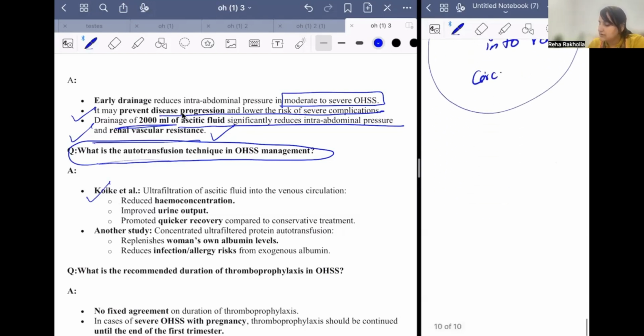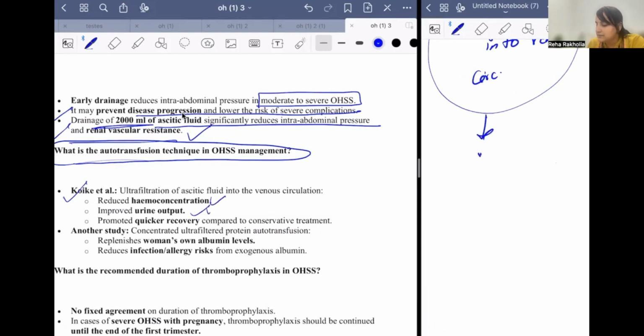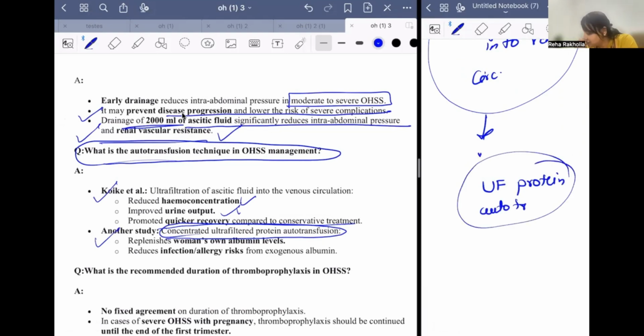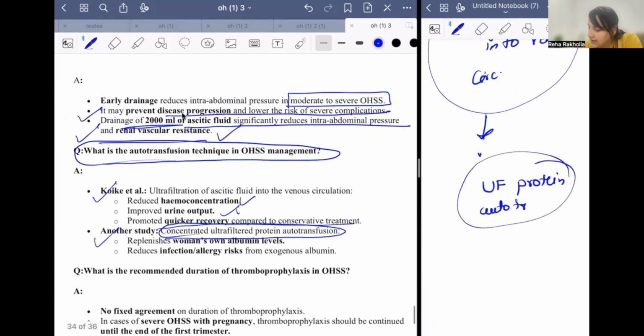This reduces the hemoconcentration, improves the urine output, and promotes quicker recovery compared to conservative treatment. In another study, concentrated ultrafiltrate protein autotransfusion was done. This replenished the woman's own albumin level and reduced the infection and allergy risk from exogenous albumin.